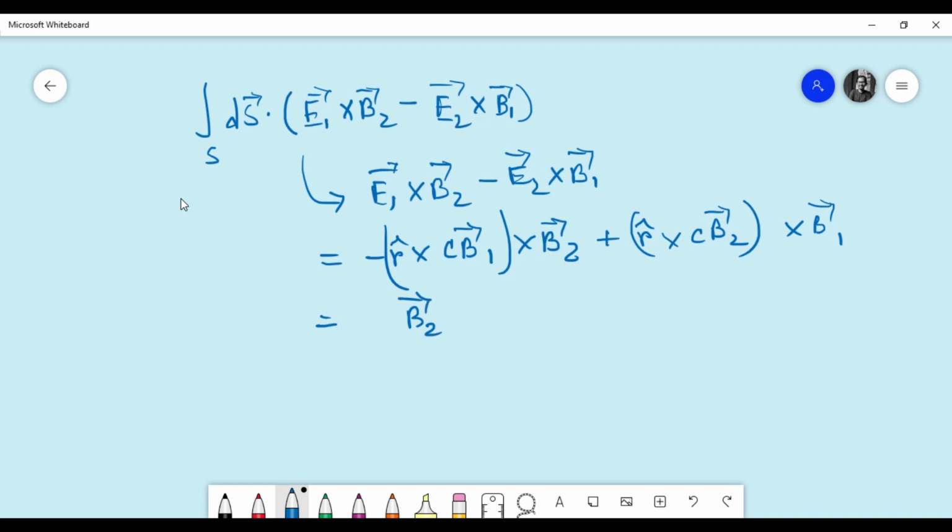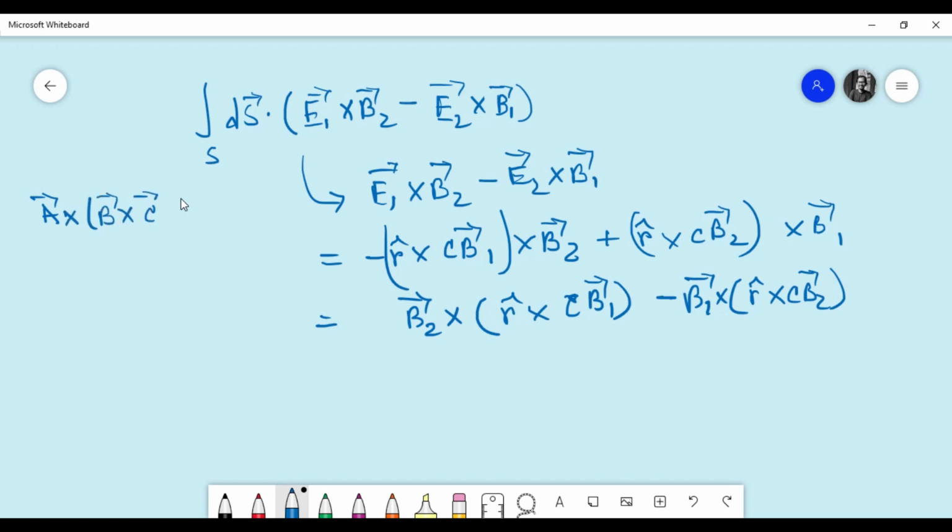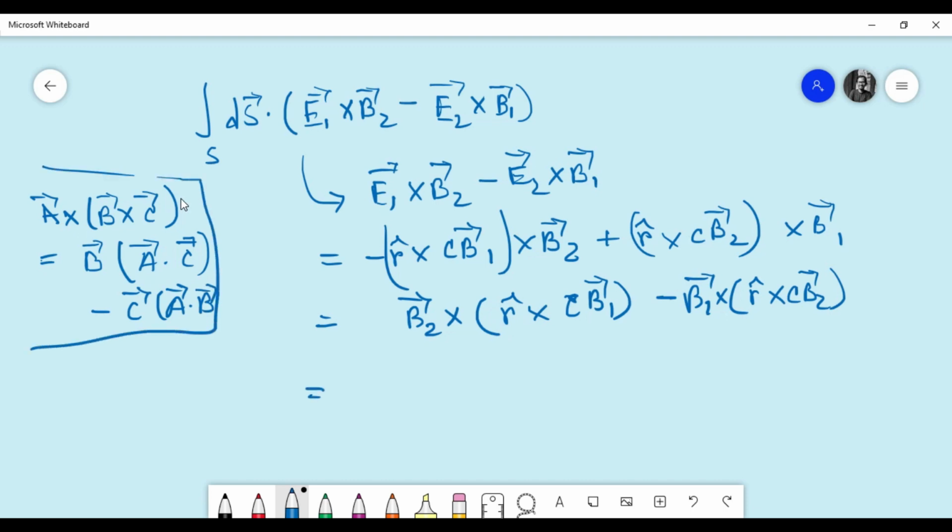And to apply the familiar BAC-CAB rule for triple cross product, we write it like this, and this. The BAC-CAB rule is a simple vector identity which is like this, which states that the result here would be B into A dot C, hence back, and minus C A dot B. So using that relation, we're going to get here.